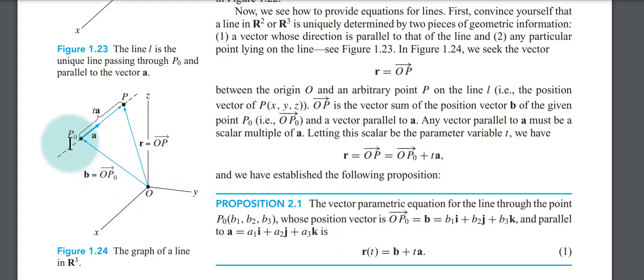So this is the vector that represents P0. And remember, we can write b like b1 i plus b2 j. Remember, we said we can take something written like this. And by the way, this is a little confusing notation here because there's no space between P0 and this stuff.